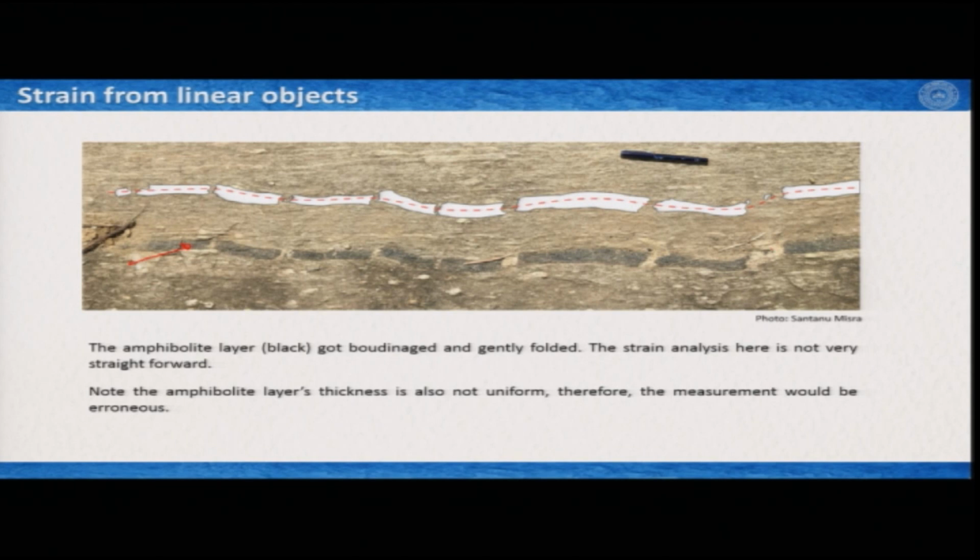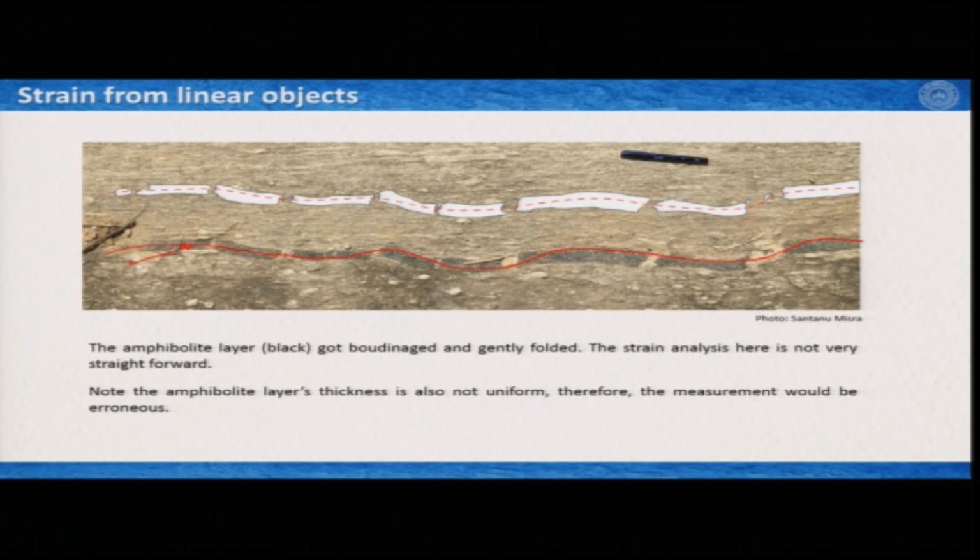I tried to make a sketch at the top with the white one, but at the same time, while it is budinaging, maybe before or after, you see that it also has a gentle buckling. That means it also got folded, the layer is not straight the way we have seen in the previous slide.